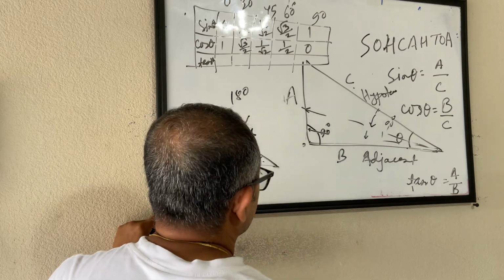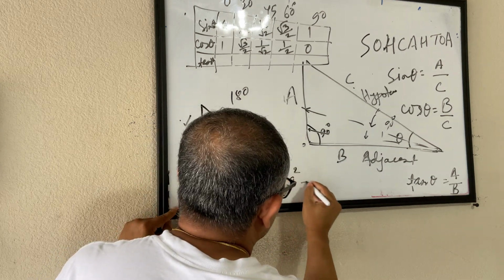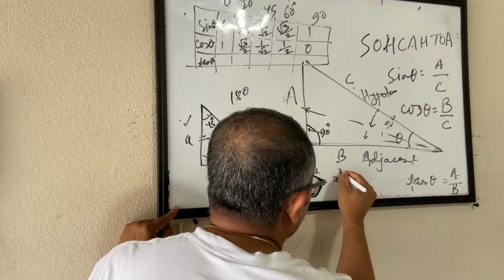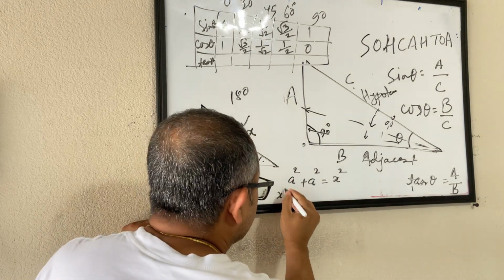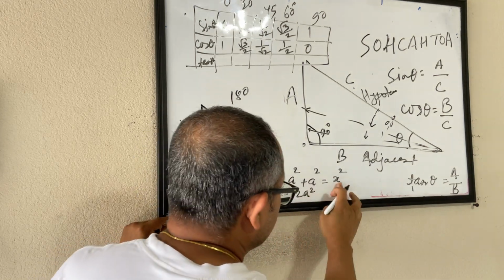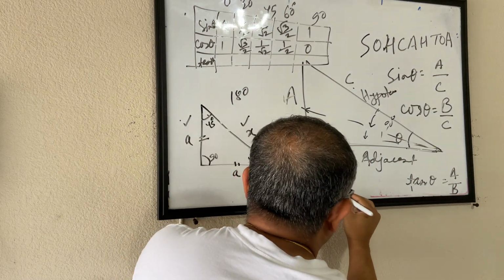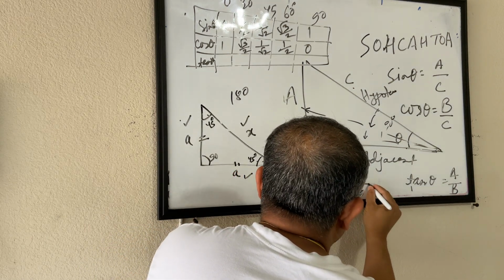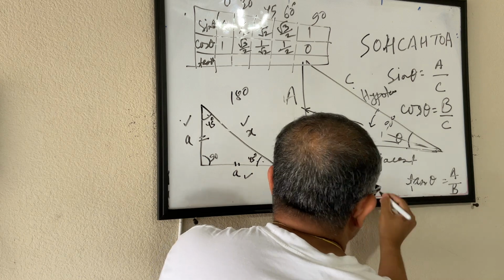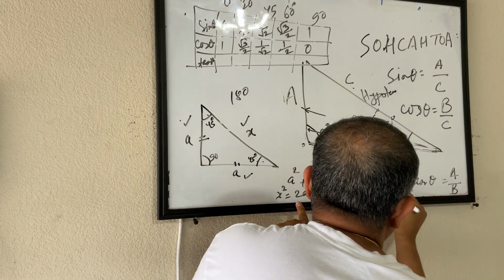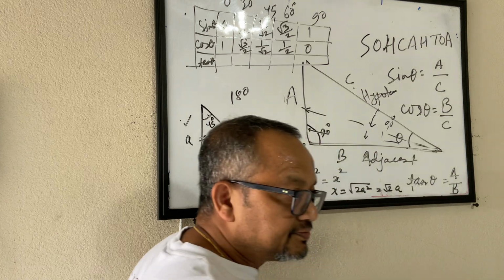Let's say this is x. So a square plus a square will be x square. x square equal to 2a square, that means x will be equal to square root of 2a square, that means square root 2 times a.